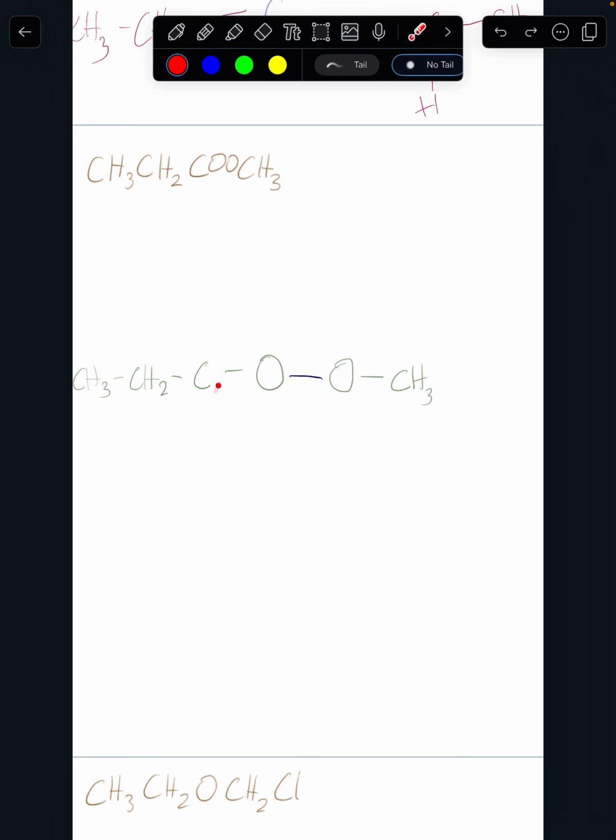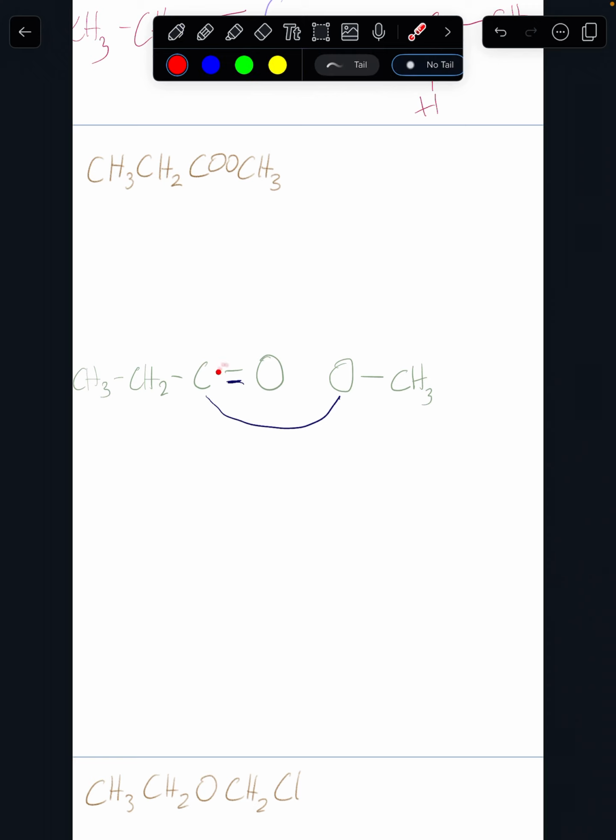But don't forget, this carbon still needs to be satisfied. It only has 1 and 2. It needs at least 2 more. So what we can do is actually break this bond, give this one a second one, and then we can connect it to that.